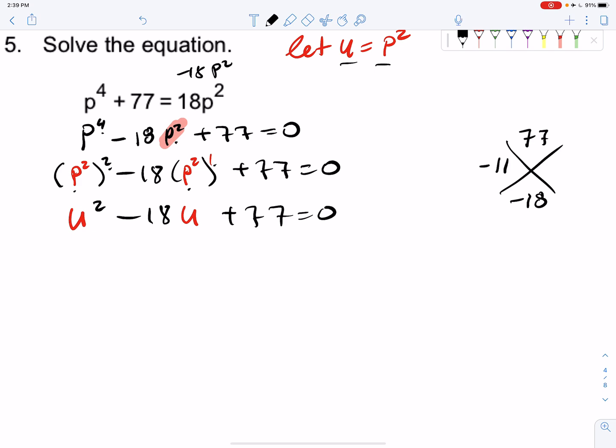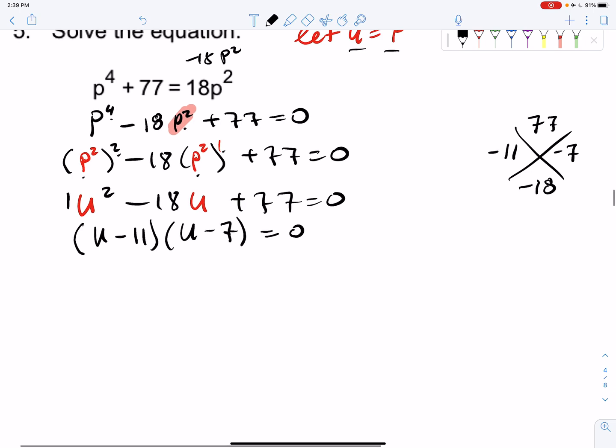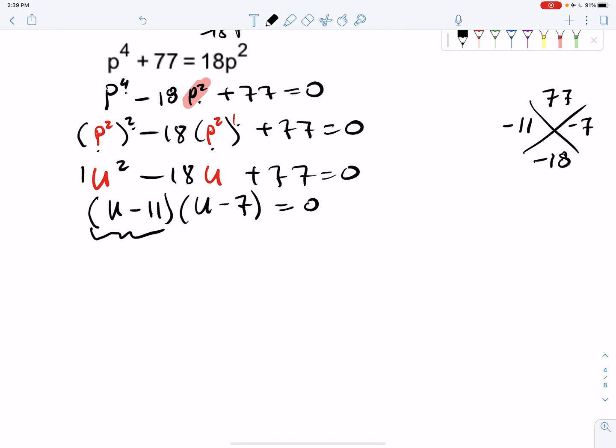Now it's going to be a negative 11 times negative 7 is positive 77, and negative 11 plus negative 7 is negative 18. The fact that there's a 1 here, we don't have to do any special grouping or anything. It's just u minus 11 times the quantity u minus 7 equals 0. Now let's set each factor equal to 0. So therefore u equals 11. Set the second factor equals 0, u equals 7.